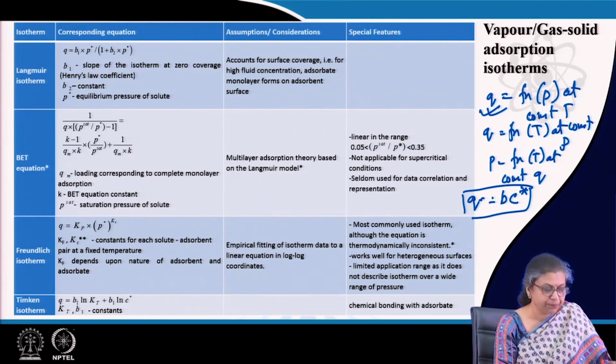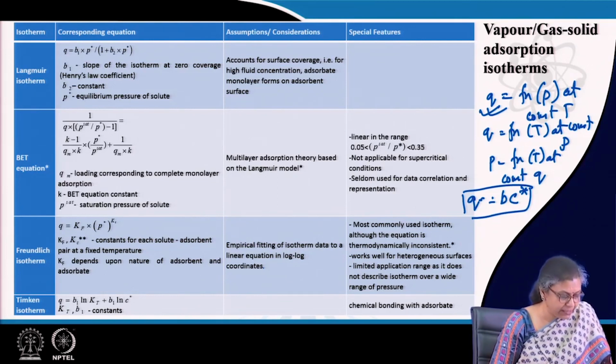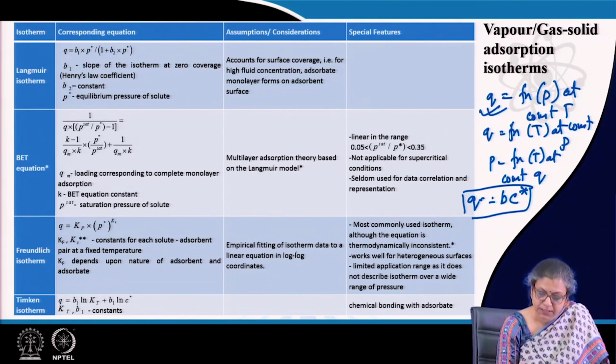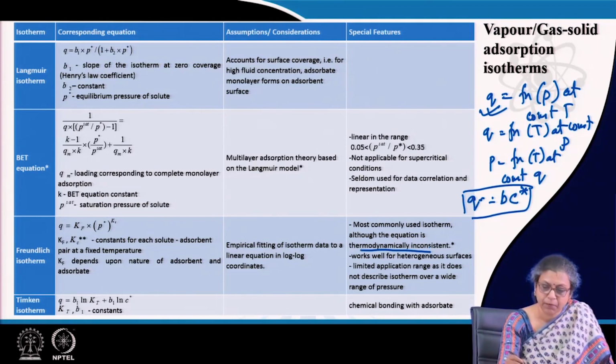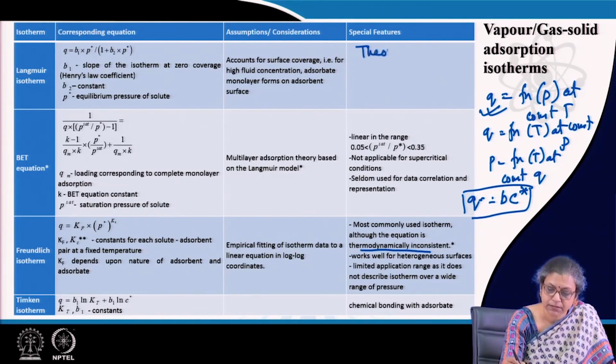From whatever is written you can understand that although the Freundlich equation is the most commonly used equation, it is thermodynamically inconsistent. On the other hand, the Langmuir equation, although not so much used, is theoretically justified.